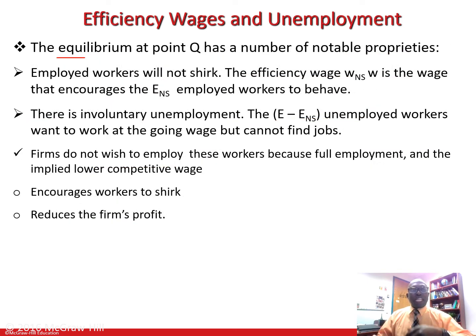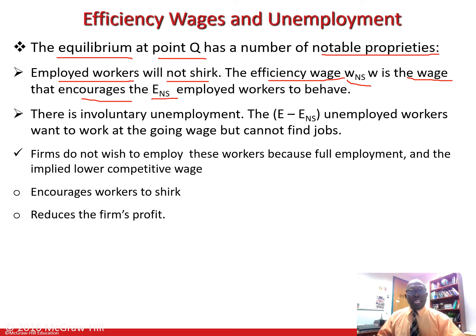The equilibrium, which happens at point Q, has a number of notable properties. First of all, employed workers will not shirk. The efficiency wage W NS is the wage that encourages the E NS employed workers to behave.